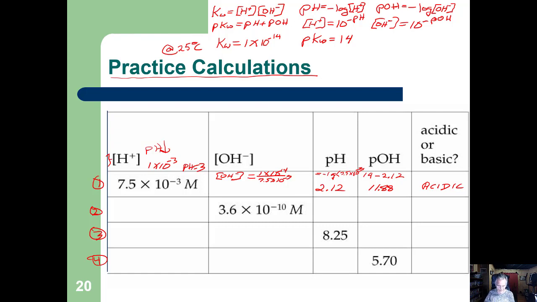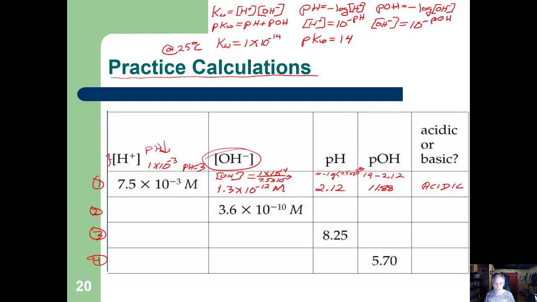Plugging in 1E minus 14 divided by 7.5E minus 3, I get 1.3 times 10 to the minus 12 molar hydroxide ion concentration. So that takes care of row 1.